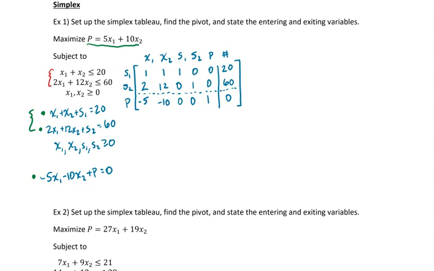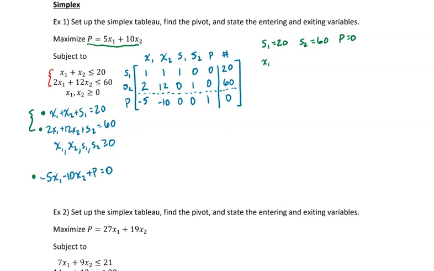If we did want to know their value, all you have to do is go all the way over to the right, and that number right there tells you what that variable is. So right now, S1 is 20, S2 is 60, P is 0, because all the way to the right there is a 0.